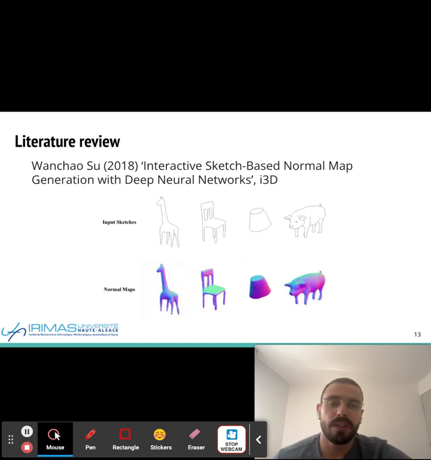Here, there is the article Interactive Sketch-Based Normal Map Generation with Deep Neural Network. Here they tried to create a normal map of the input sketches, and they used the GAN algorithm to achieve their goal.